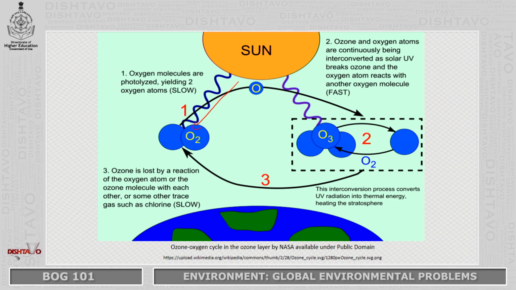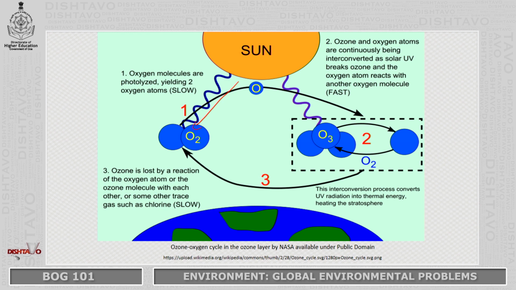And this process is a slow process. But the other process, ozone and oxygen atom, are continuously being interconverted, and the solar ultraviolet rays break them, and this process happens fast. Then you get another oxygen molecule.